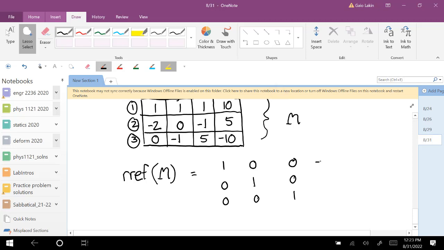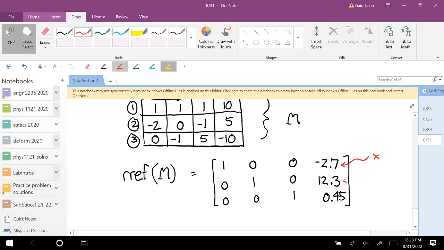So in this case, that's -2.7, positive 12.3, and 0.45. The order that we defined these variables was x first, y second, and z third. So that's how they appear, just now in a column instead of in a row.